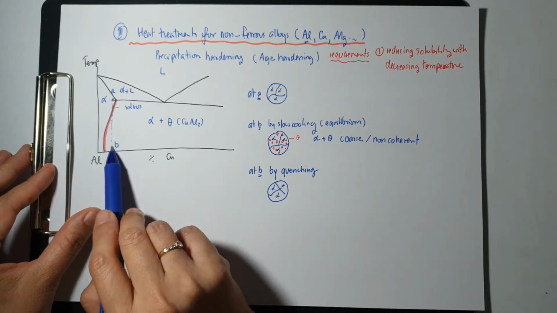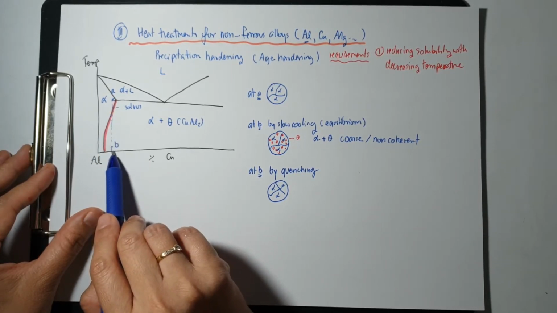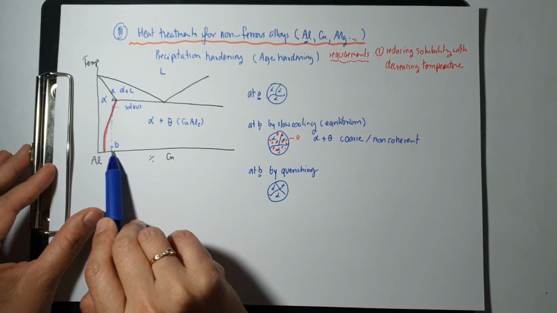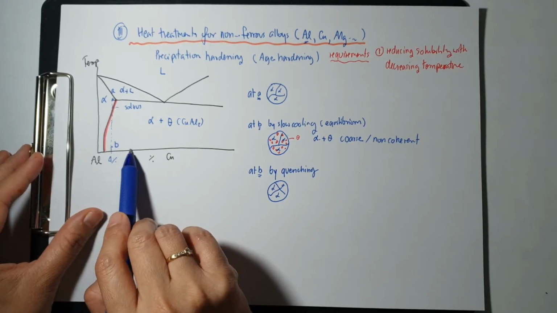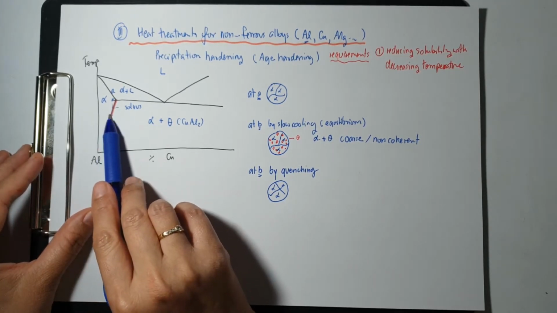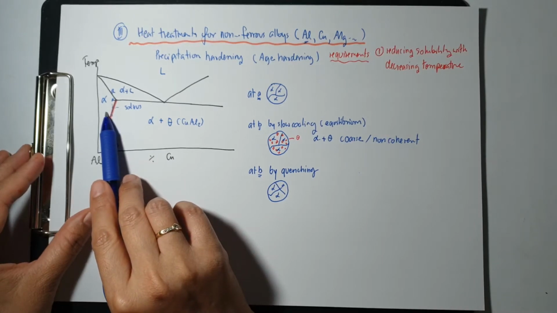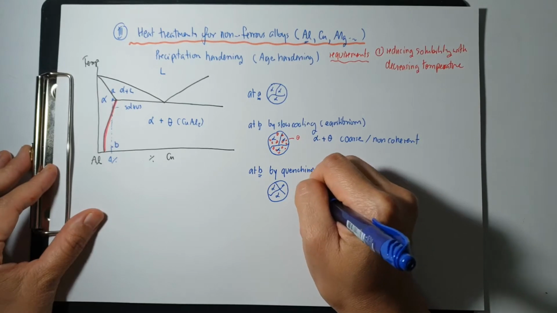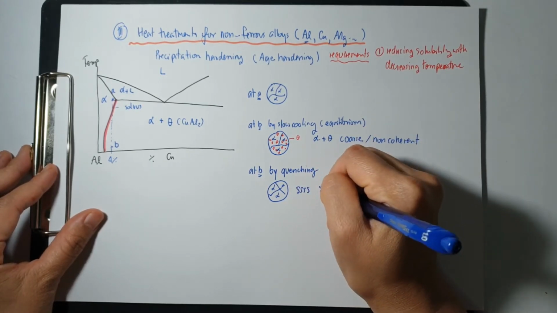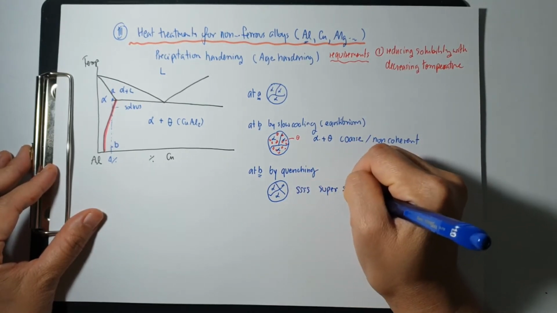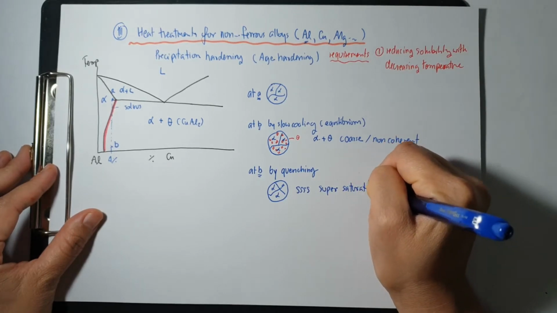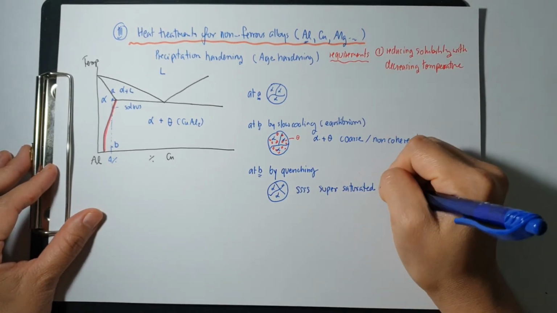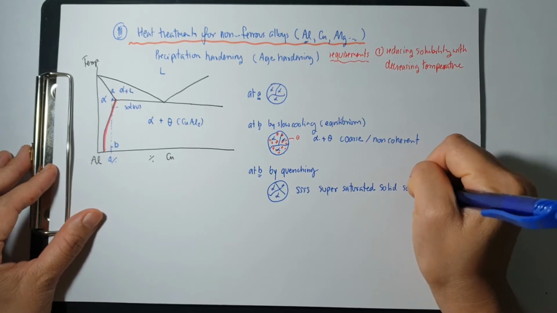But when we quench the alpha phase down to room temperature, it's like we force the copper to dissolve into the single solid solution. Now we have SSSS, or the supersaturated solid solution.